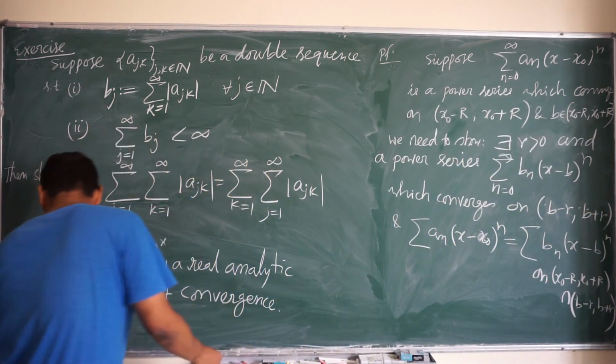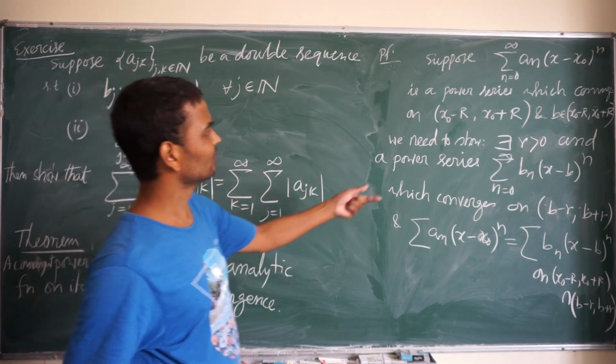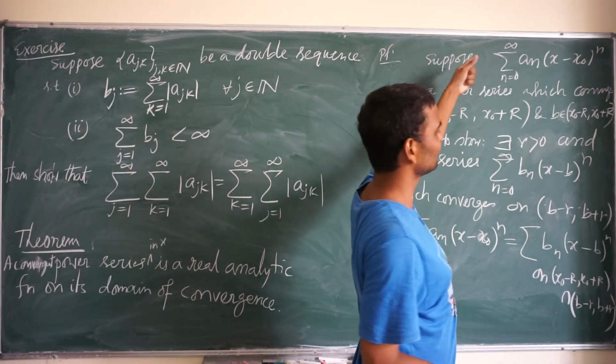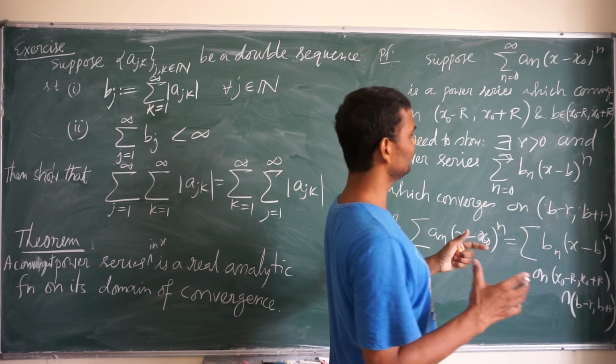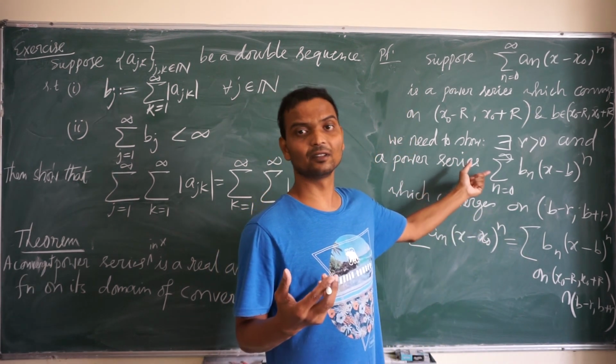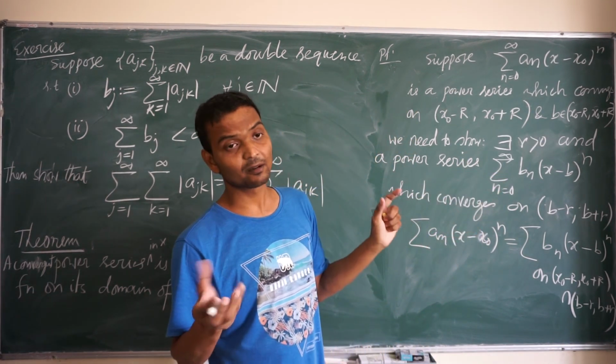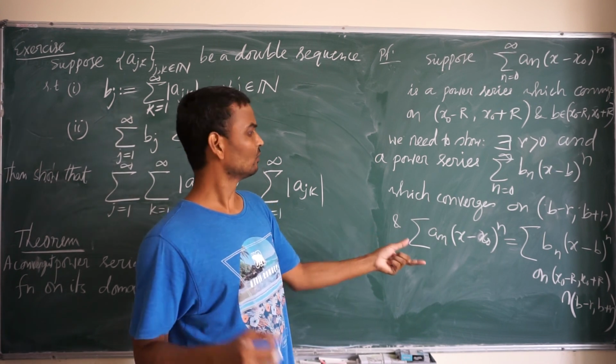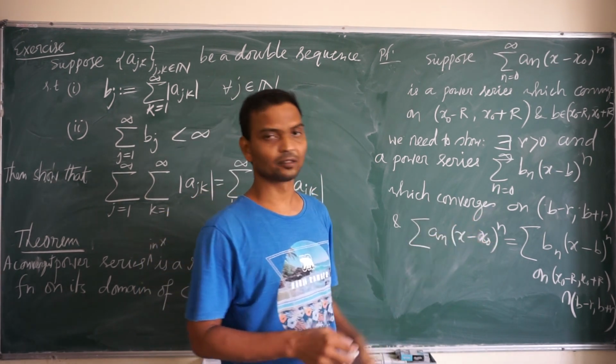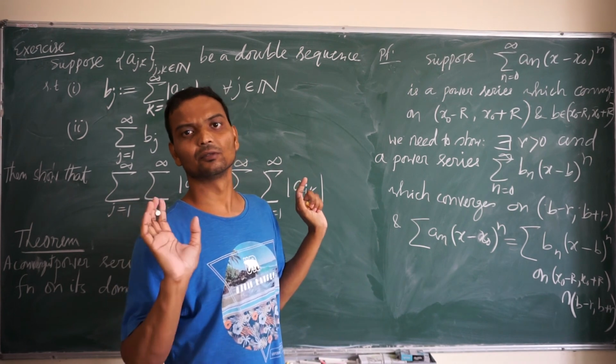So b is in the domain of convergence of the first power series, and around b there should exist another power series which converges in some neighborhood of b, and the two are equal on this intersection. This is what we need to show.